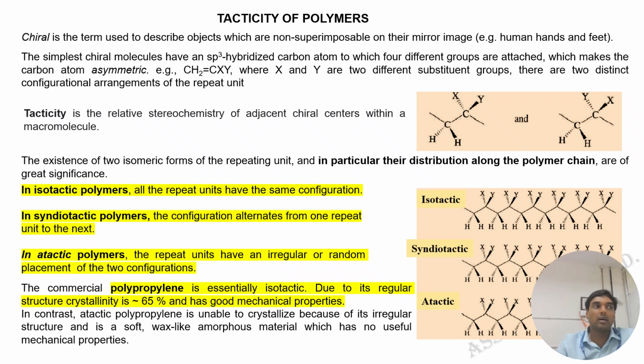It can be A, B, B, B, A, B, A, B, like this. Not alternate, it's a random arrangement. That's called an atactic polymer. Why is this tacticity important? Because I told you that atactic means it has the least crystalline material, and it is a low density material. Its melting point will always be very low.